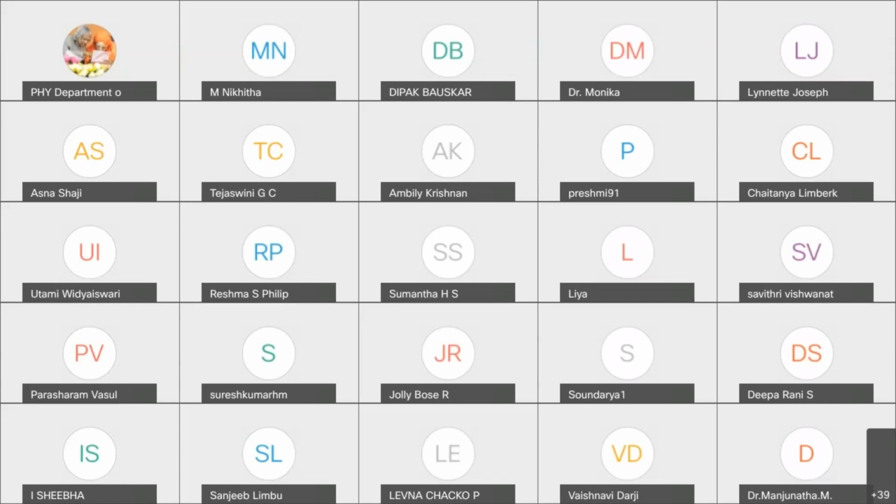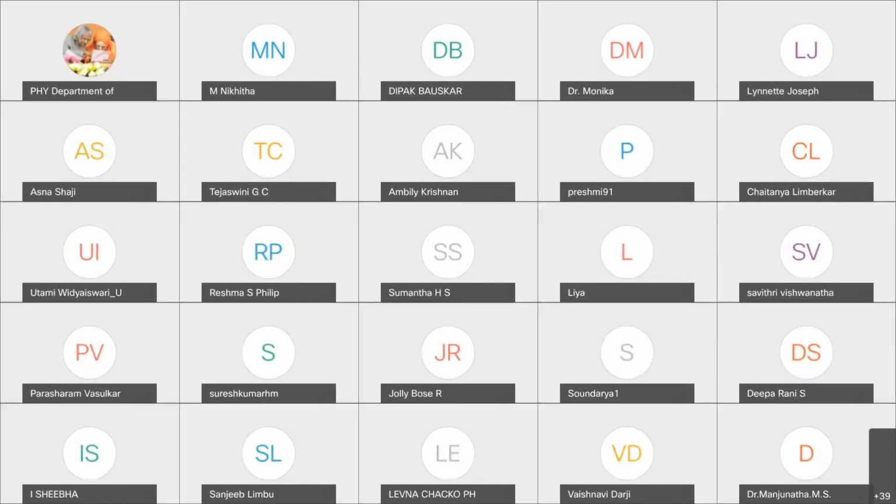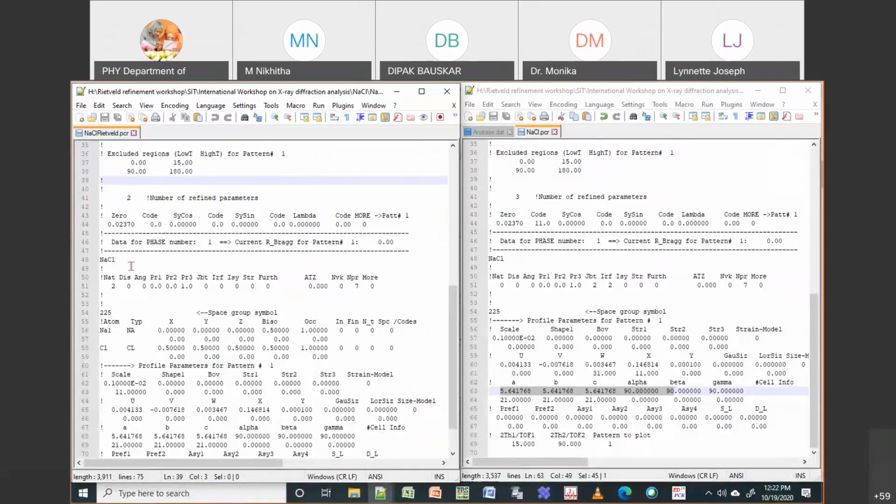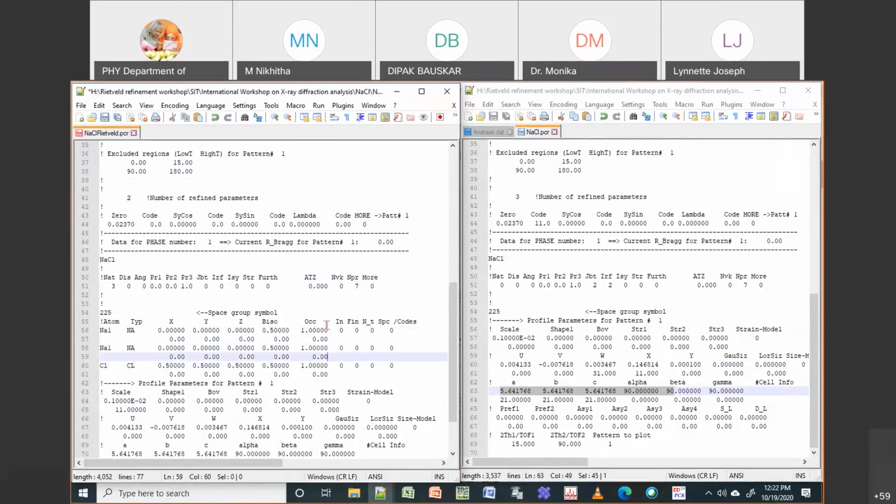Okay, I think now it should be good. Now once you see here, you are having two as the number of atoms. The first atom is Na, the second atom is Cl. Instead, as I told in the previous case, if I am doping some element in the place of sodium, then what happens? This becomes 3. I have to put this as 3, and then I can just copy paste the same thing again. You can do it manually, or you can do it in your EDPCR.